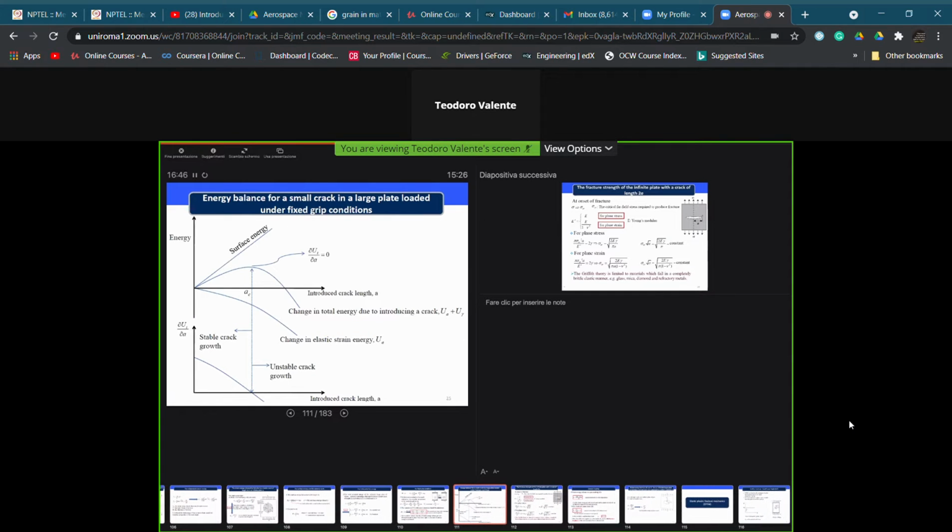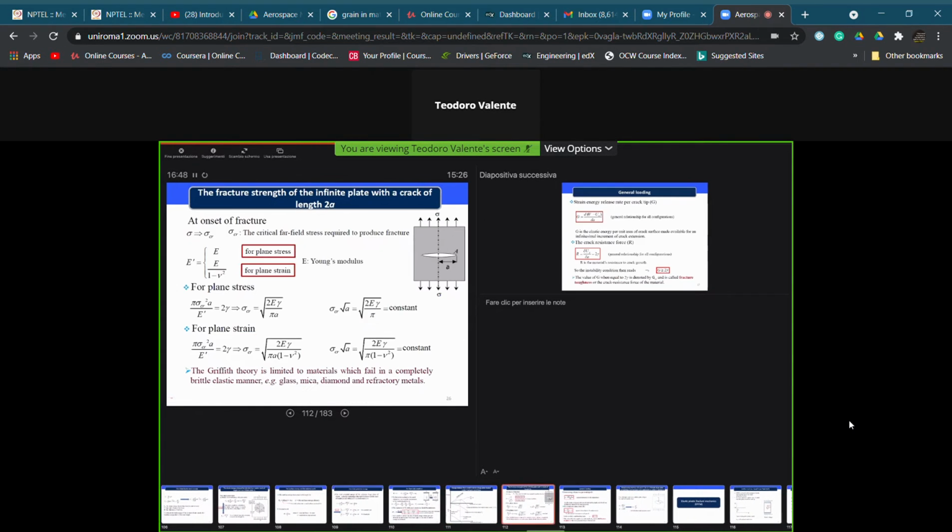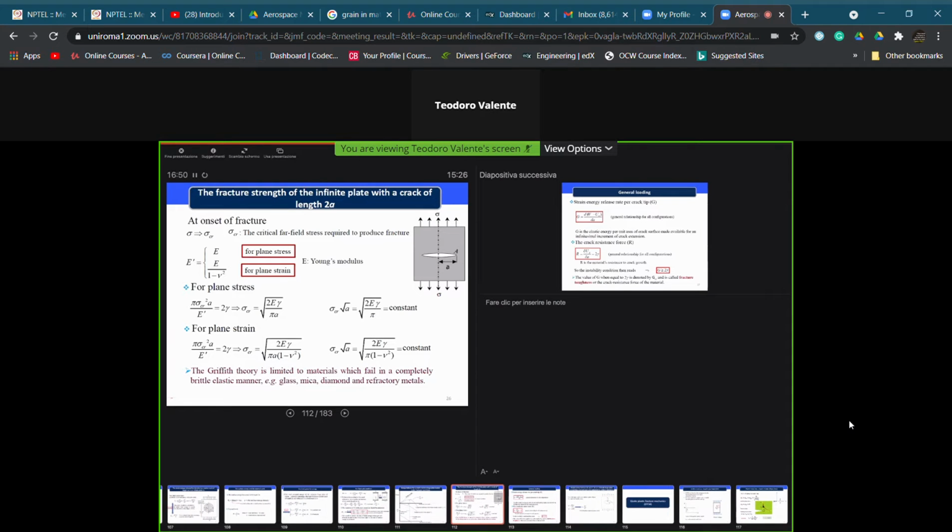And this can obviously be plotted very simply. So if we put our specimen at the onset of fracture, when the value of the applied stress sigma is equal to sigma critical, that is the critical far field stress. Remember, far field stress is the stress calculated on surfaces where no defects are present.